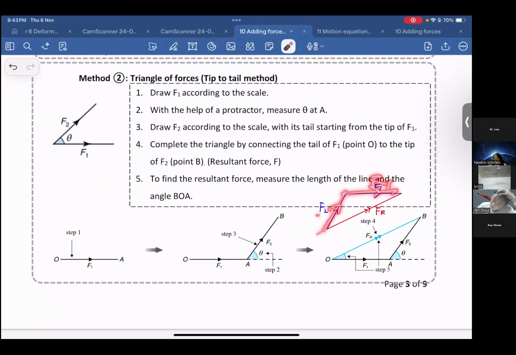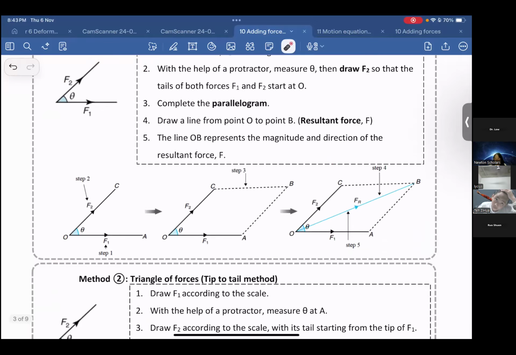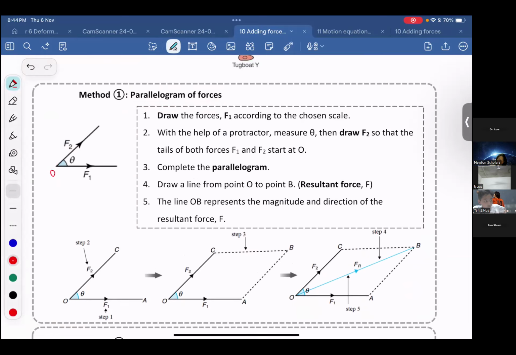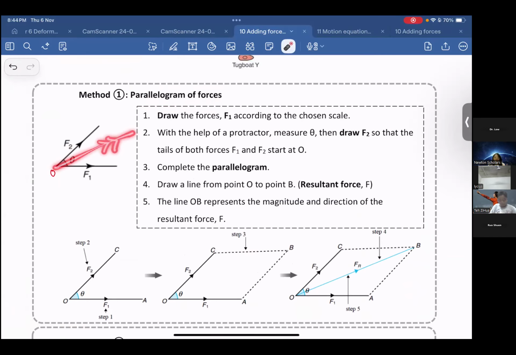I combine these two triangles, actually the method is called parallelogram. How is this parallelogram working? Okay, we don't need to move these two. They are starting from the same point O. I know that their resultant force is in between them. But which direction should I draw and how far should I draw?